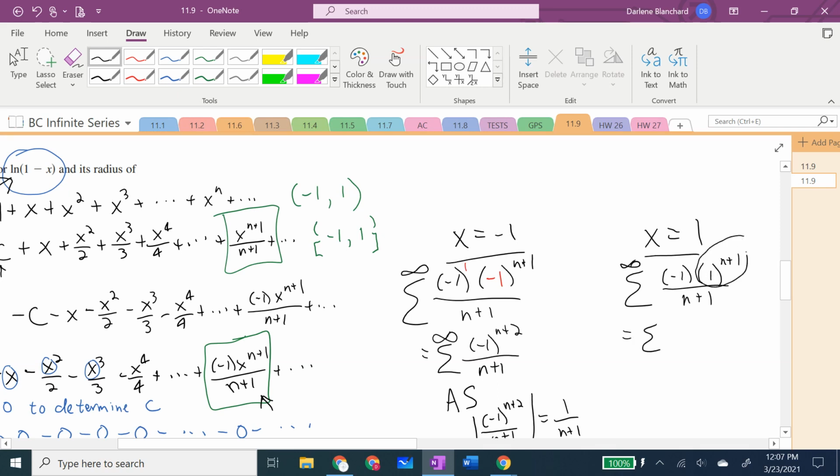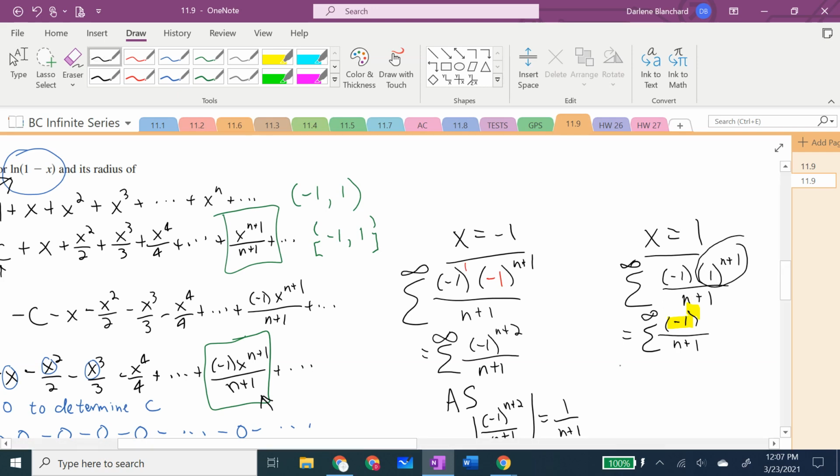So realize that 1 to the n plus 1 is 1, and it gets ignored. Now be careful here because it's really, really tempting to see this and go, alternating series, but it doesn't have an exponent on it.